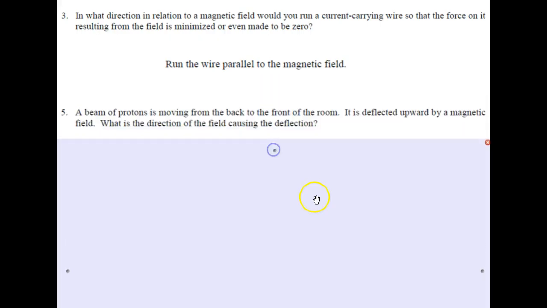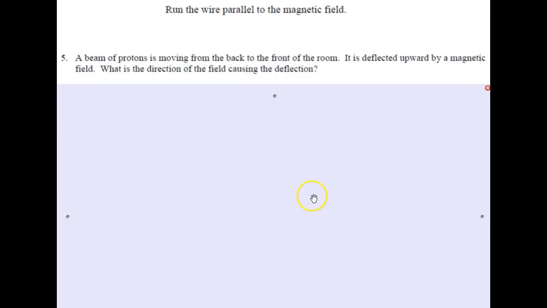Number 5. A beam of protons is moving from the back of the room to the front of the room. It is deflected upward by a magnetic field. What is the direction of the magnetic field causing the deflection? All right, so protons is key here, and that indicates to us positive charges.